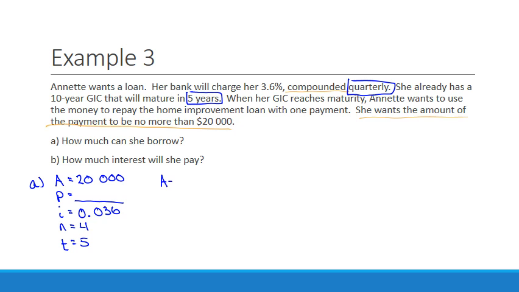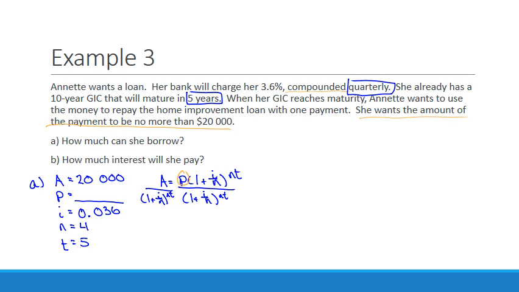What I suggest is I usually just consider the basic compound interest formula, and then I know that I'm looking for P. So then I just rearrange the formula. I'm going to divide both sides by this bracket here. It just gives you a little bit more of a direct route to your answer.